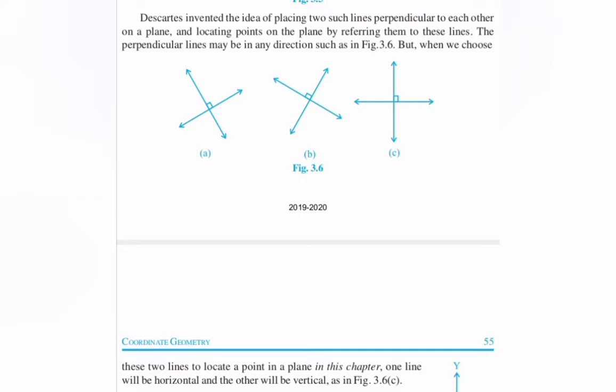But when we choose these two lines to locate a point in a plane in this chapter, one line will be horizontal and the other line will be vertical. Okay, that is as in this figure 3.6. See, one line is horizontal and one line is vertical. So that will be used to denote the Cartesian space, a Cartesian plane.